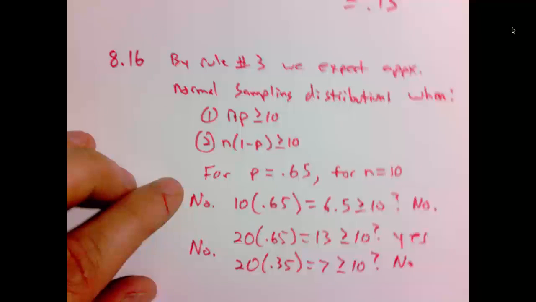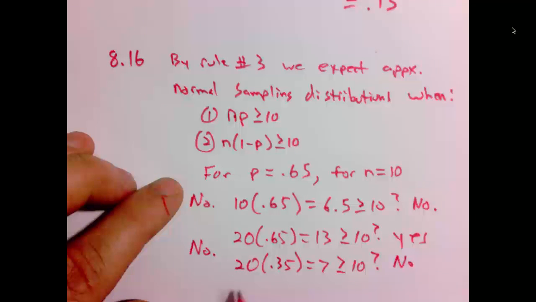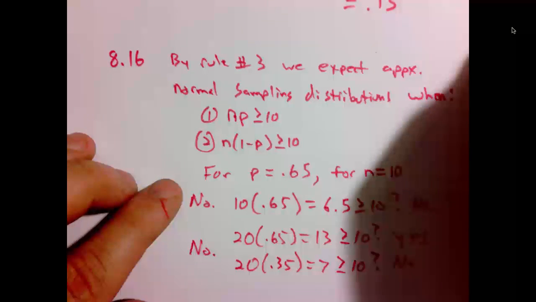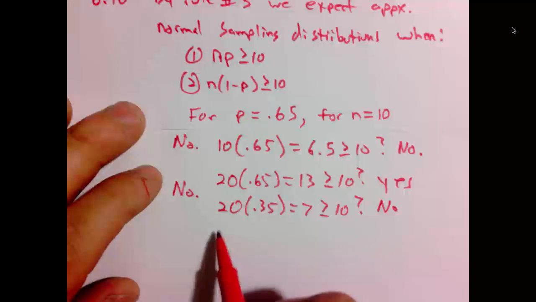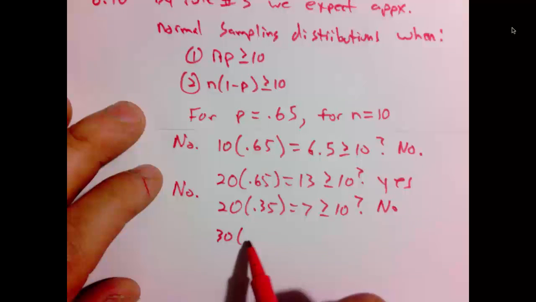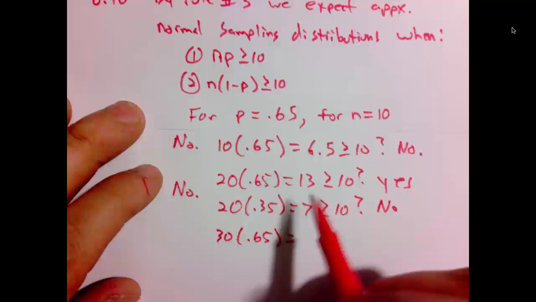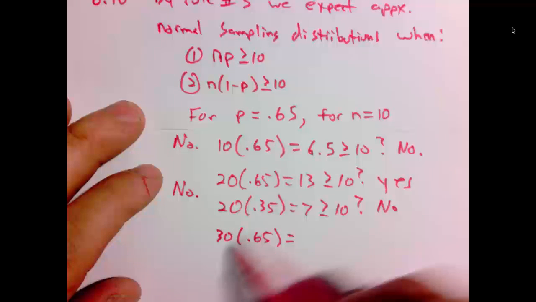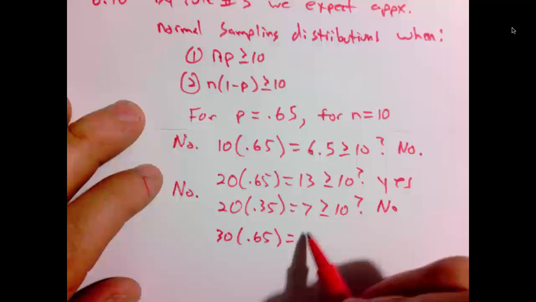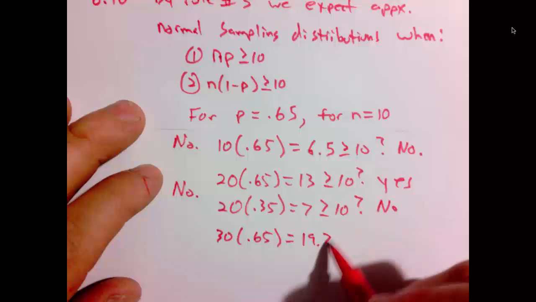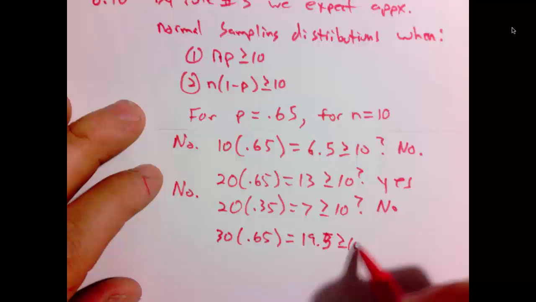Once you get beyond 20 to 30, you're going to see it does satisfy. Looking at 30 times 0.65, from 10 to 30 is 3 times as much, so 6.5 times 3 is 19.5, and that is greater than 10.